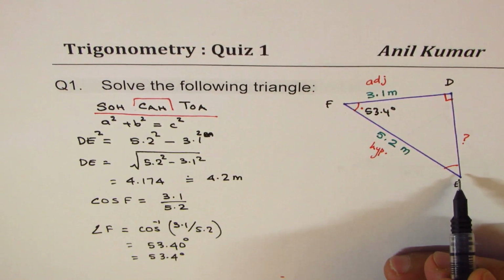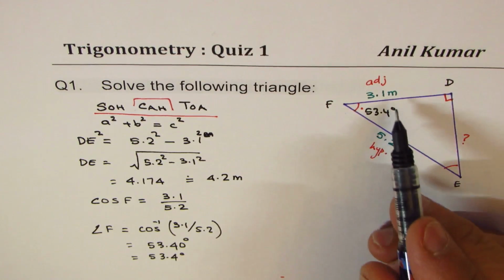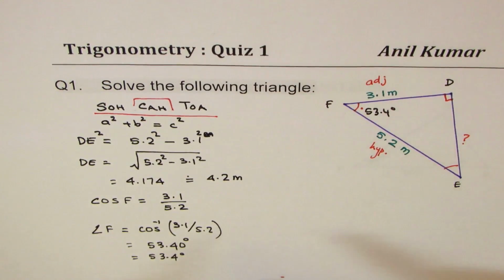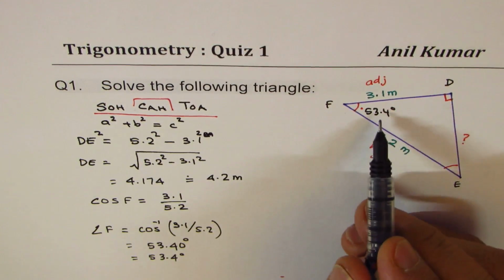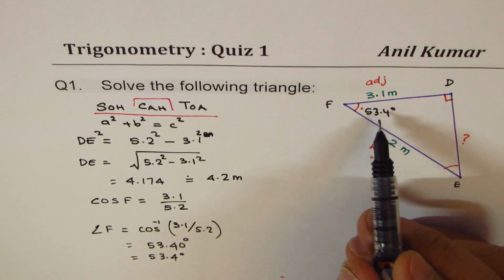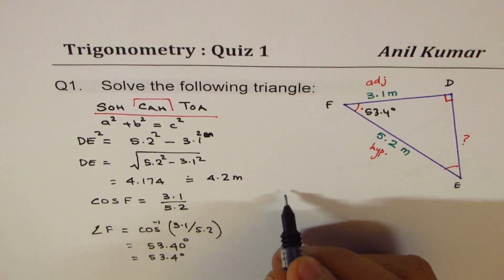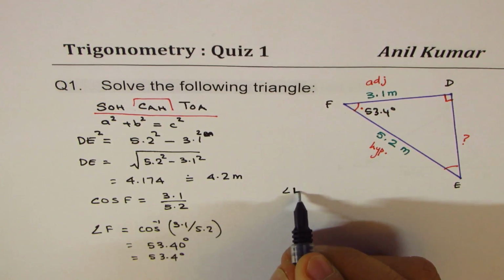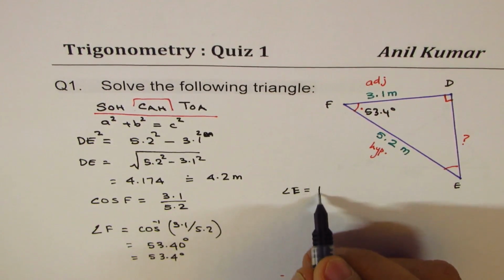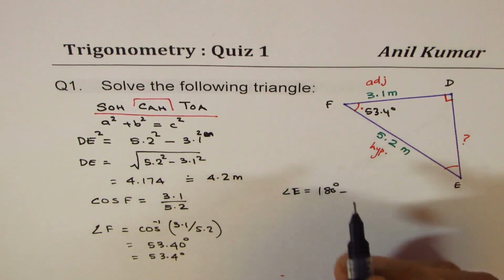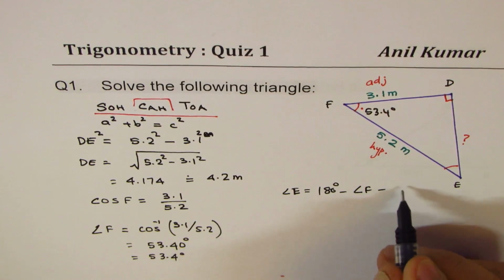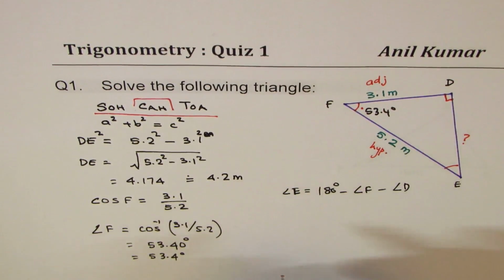Now to find the angle E, you could use sine of E, but it is better to use the strategy that the sum of these three angles is 180 degrees, right? So angle F is known to us, so angle E will be equal to 180 degrees, take away angle F, take away angle D, which is 90 degrees, correct?